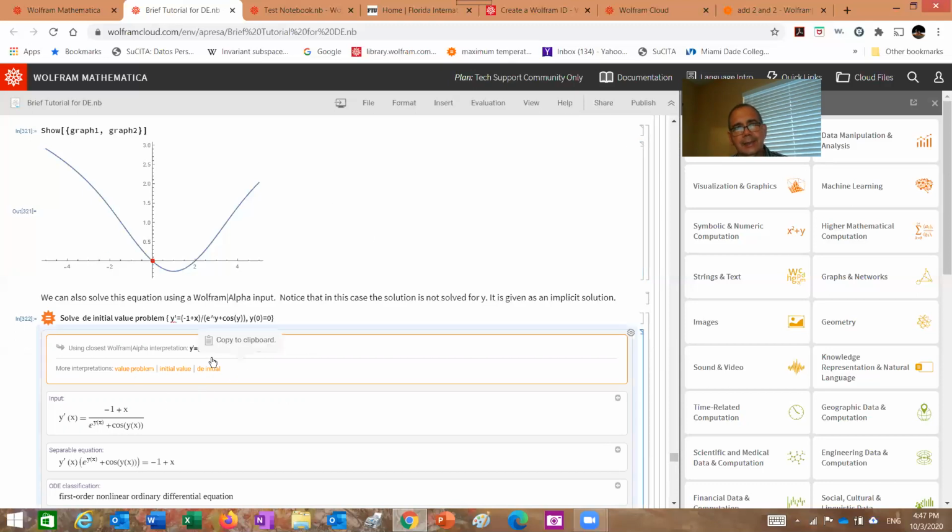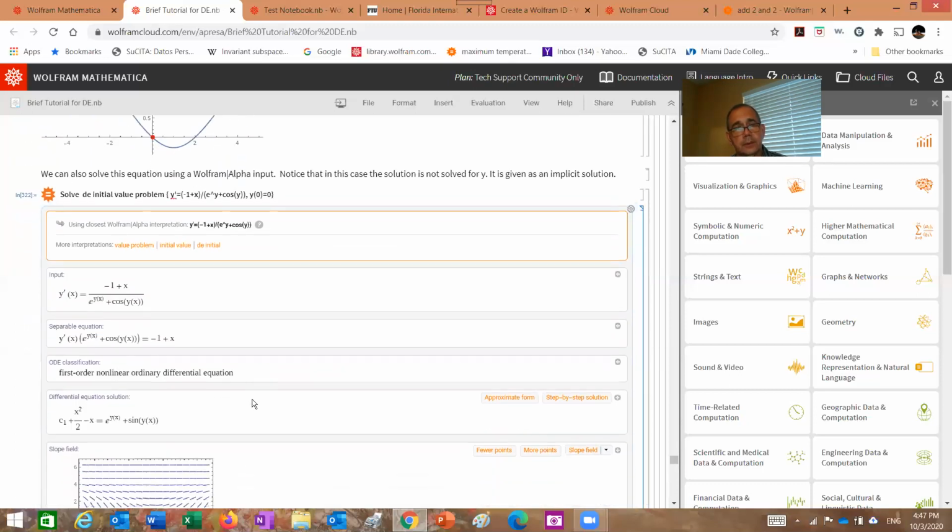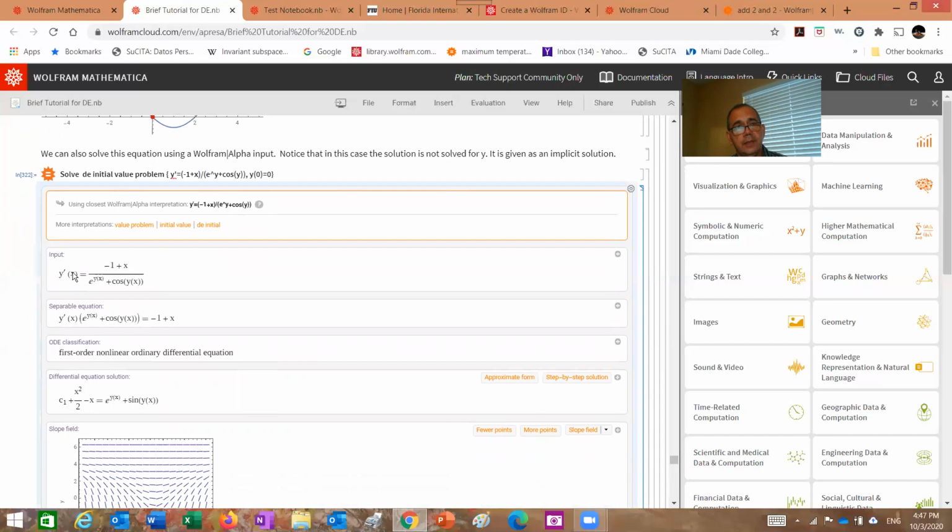The output is the output given by Wolfram Alpha. You see, the equation is rewritten this way: y prime of x is minus 1 plus x divided by e raised to y of x plus cosine of y of x. That is separable. It can be expressed in this way. And then it finds this implicit equation. In this case, it doesn't try to solve for y.